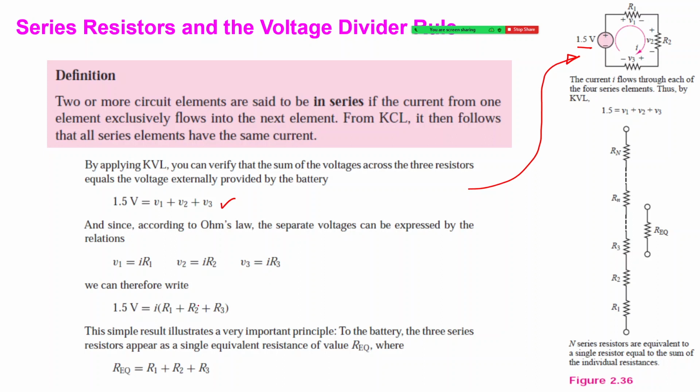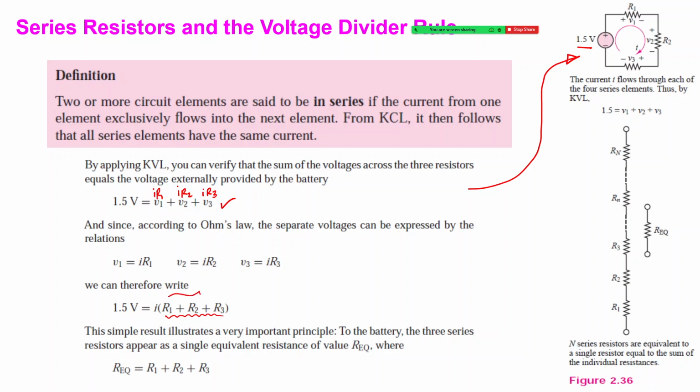So in this case, 1.5 is equal to I R1 plus I R2 plus I R3. We can take I out from the bracket. Then we have I into the summation of R1, R2, and R3.